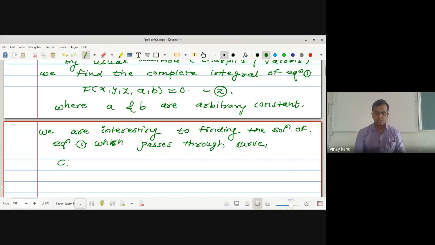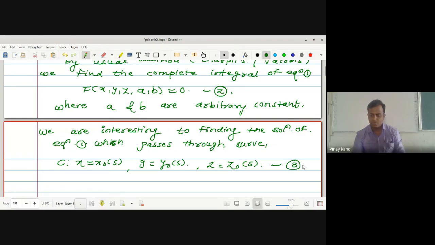Which curve? The curve C: x = x0(s), y = y0(s), and z = z0(s). This is the given curve to us, and we have to find the integral surface of equation 1 which passes through this curve. Give this as equation number 3, where s is the parameter.